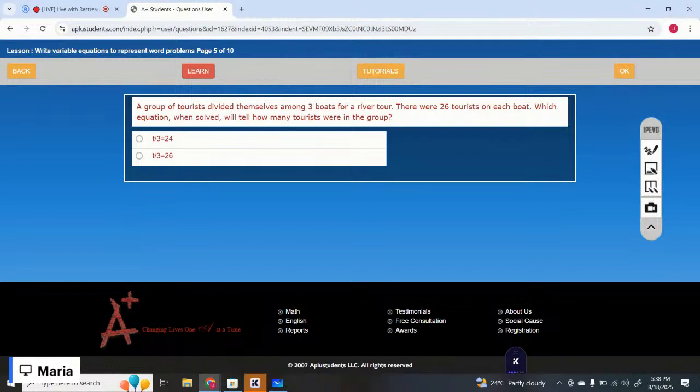That is t divided by 3 equals 26. Option number 2 is the correct option.